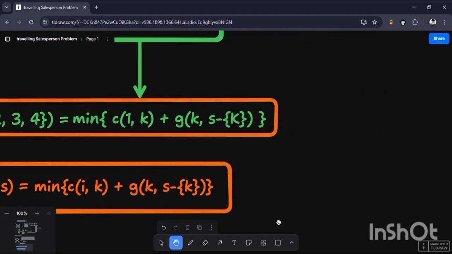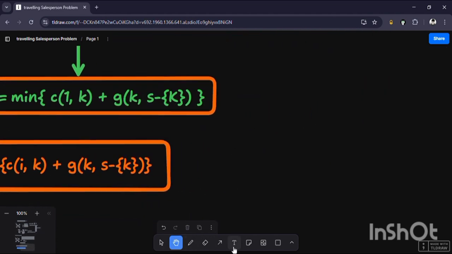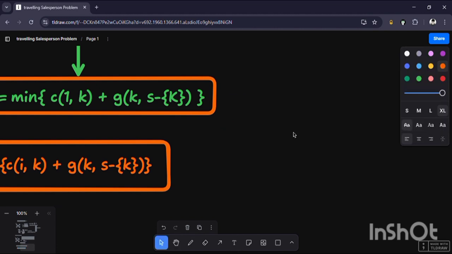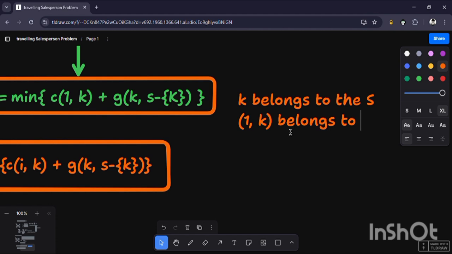Here K, let me write here, K belongs to the set S, right? And such that 1 comma K belongs to the edge set, that is E.